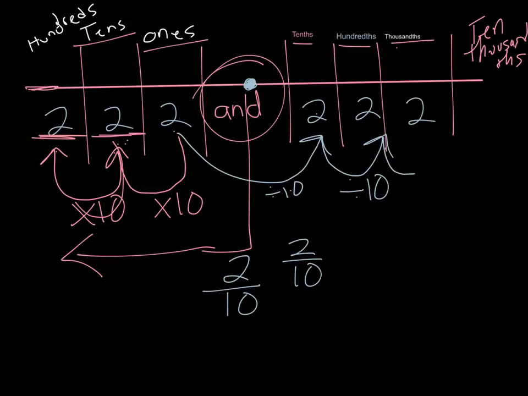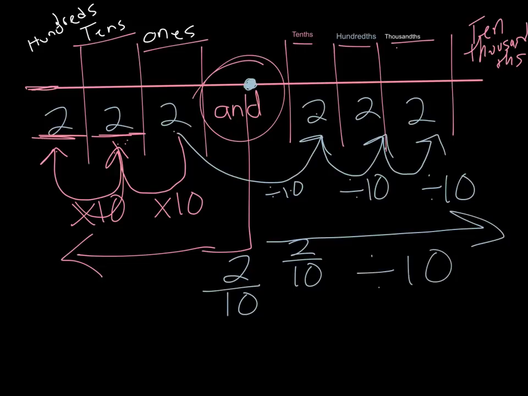And going from the hundredths place to the thousandths place is also dividing by 10, because we're going this direction from left to right. Going from left to right is divide by 10 every place value. Going from right to left is multiply by 10 each place value. Going one direction is multiply, the other direction is dividing.